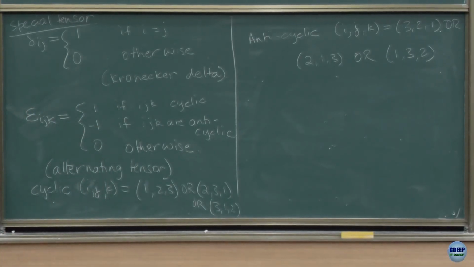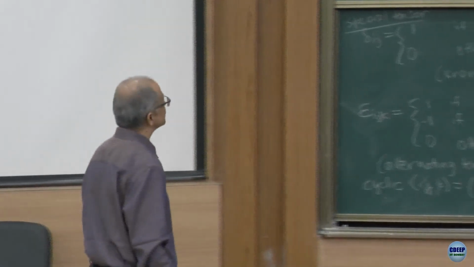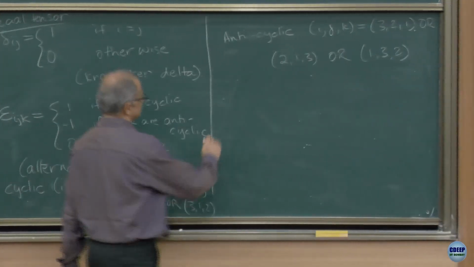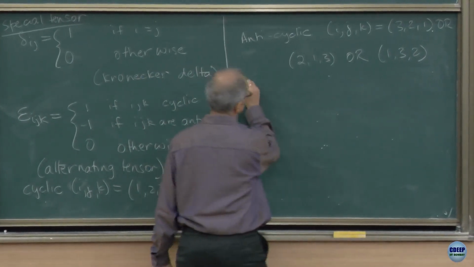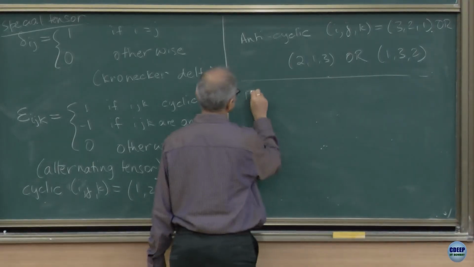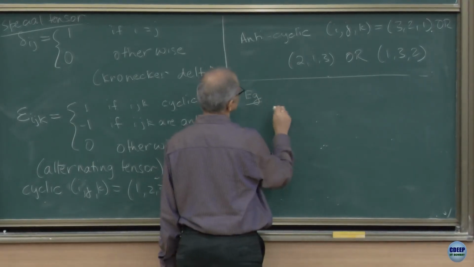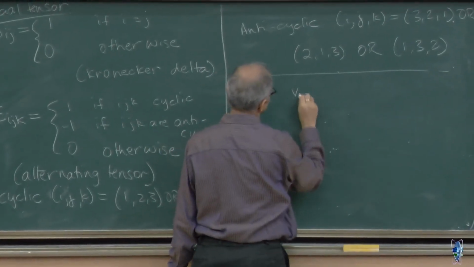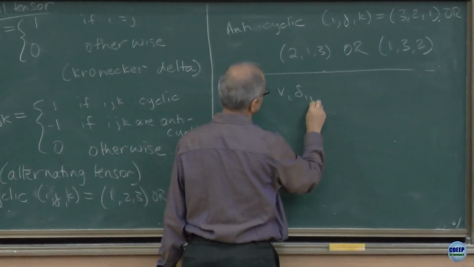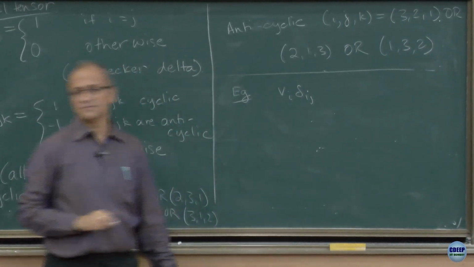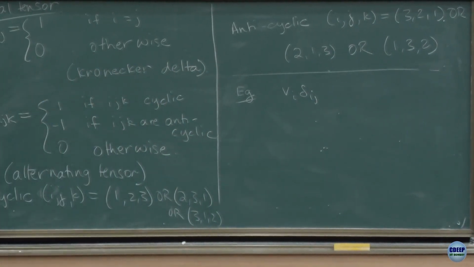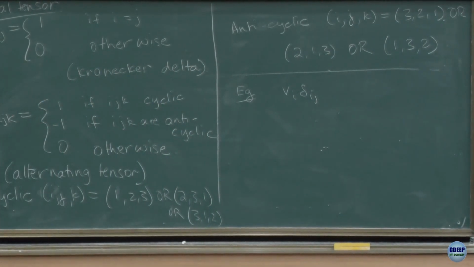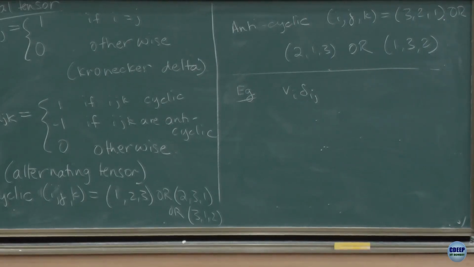Now, delta is easy to understand. So where do we see delta? Let me take one or two examples. Let us look at Vi delta ij. What type of quantity is this?